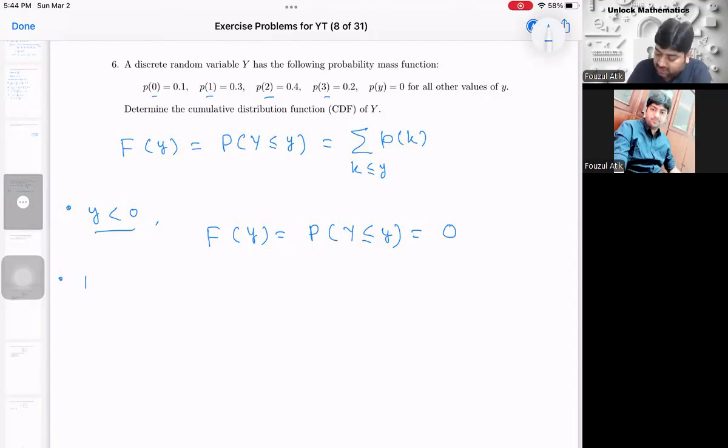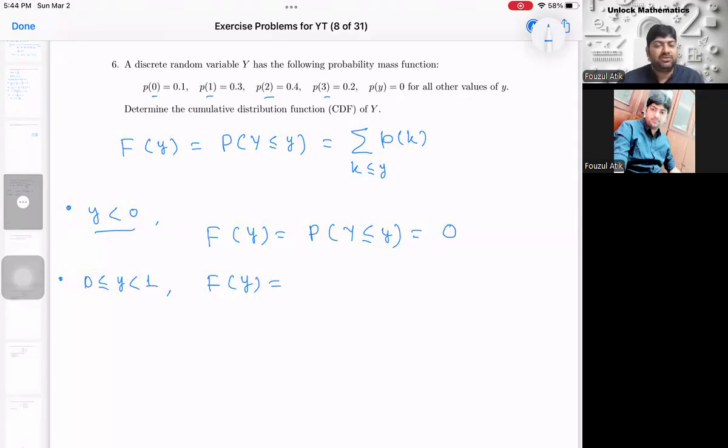Now next, take the value between 0 and 1, that is, 0 less than or equal to y less than 1. If your y value is such, then what will happen? The y value is between 0 and 1, so you have to take all such probability mass function values and add them.